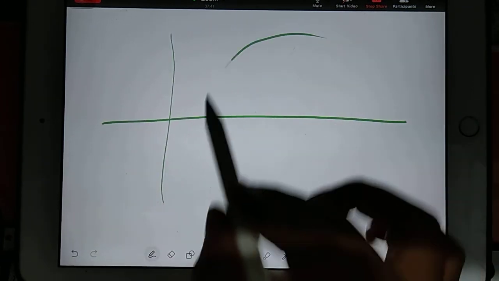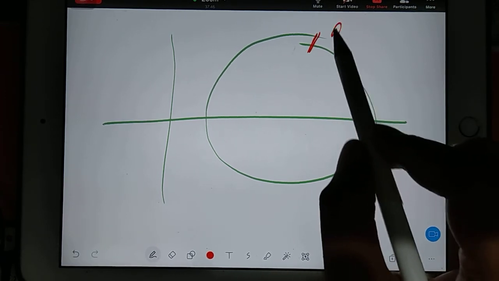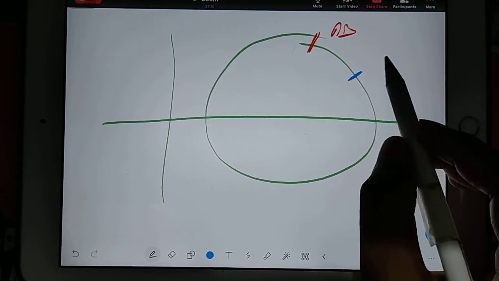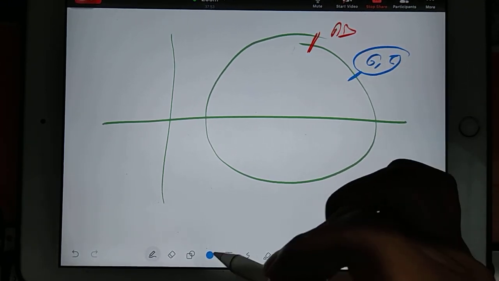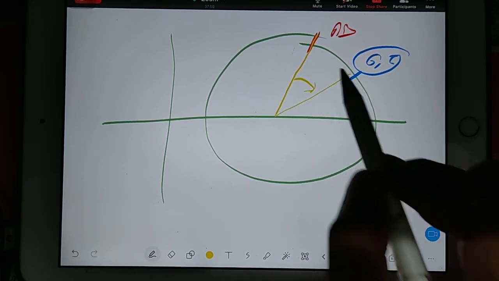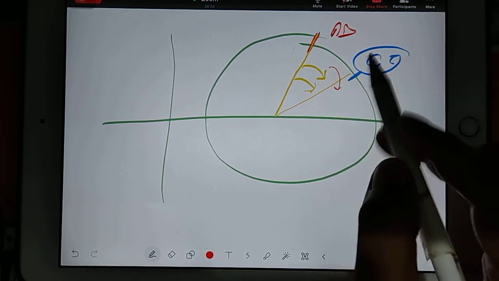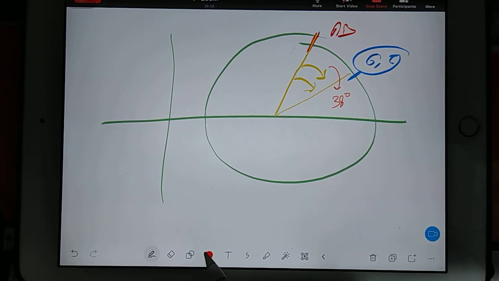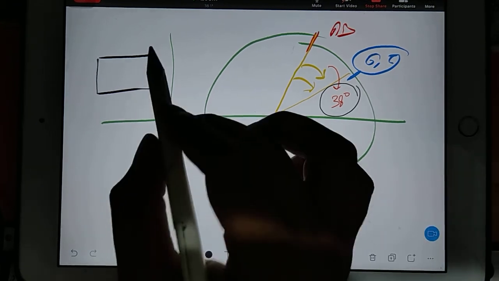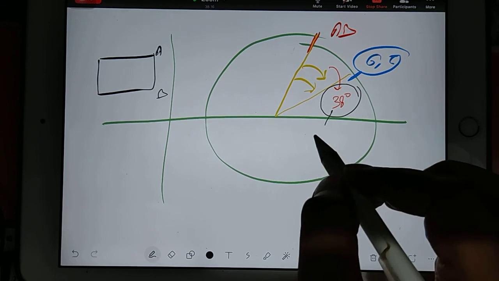Suppose any Mohr circle is given, and at this point you have a plane AB, and you want to know the value of normal stress and shear stress on a plane at some angle from AB. Suppose this angle is 38 degrees. In the real block this angle will be half, which is 19.